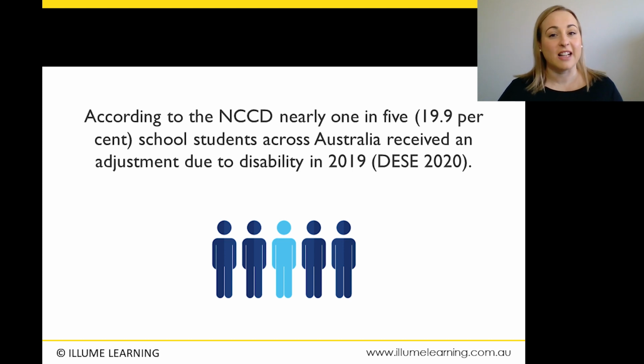So, we know that our classrooms are full of incredible diversity, many students who are learning in many different ways. And Universal Design for Learning is really about catering to the needs of all the learners within our classroom, not just those with a disability, but every student, which is why I think it's such an important framework.